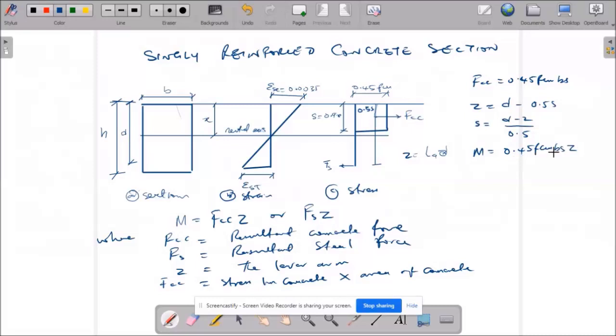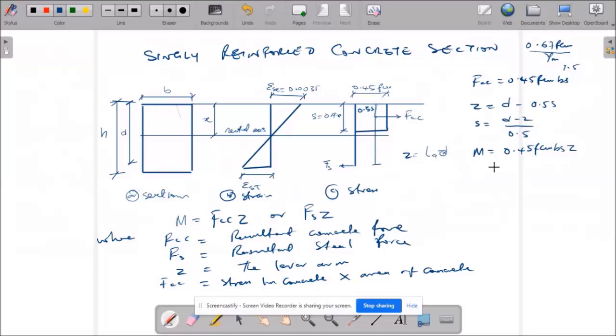Remember that 0.45 FCU was obtained from 0.67 FCU divided by the material strength factor of 1.5. So we obtain 0.44, which we approximated to 0.45.